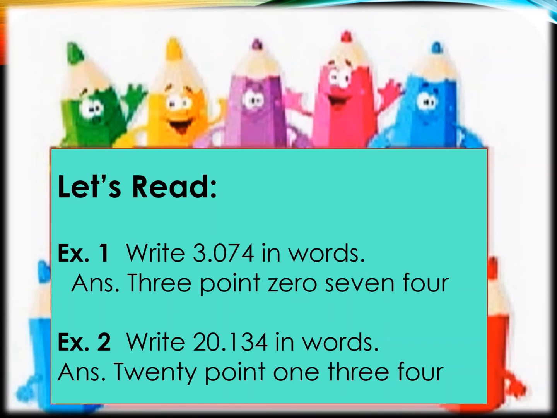Example 1 is, write 3.074 in words. How shall we write? We read it, and the same we write in the answer. Another example is, write 20.134 in words. Same we shall write. In this way, after the decimal we read all the digits individually.